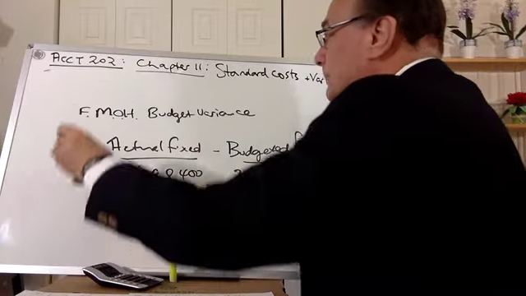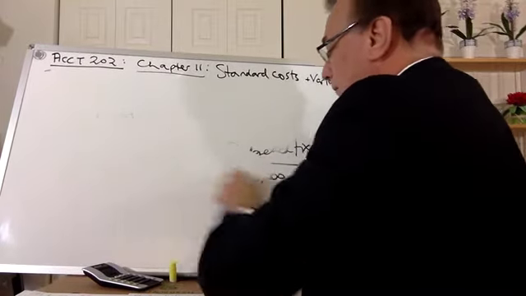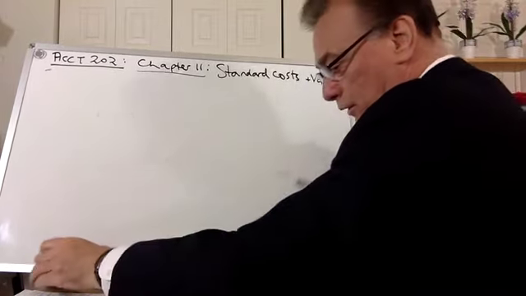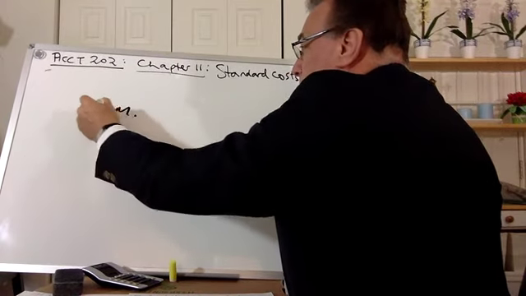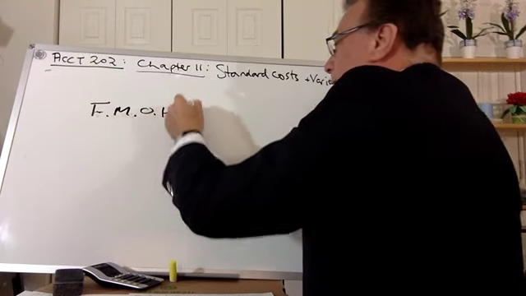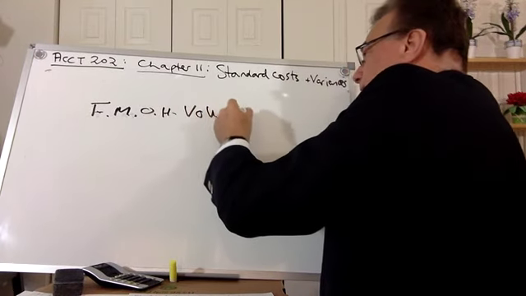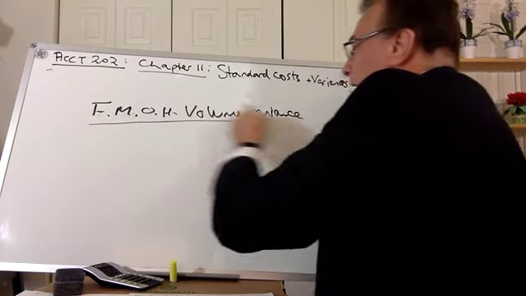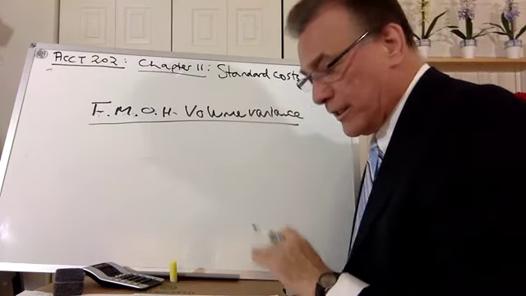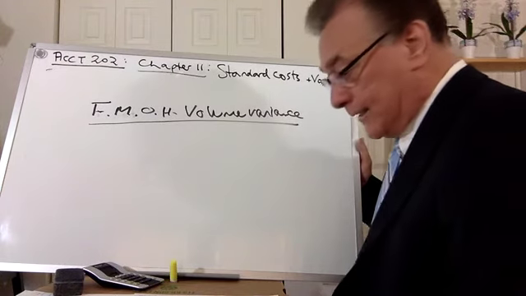And the second one asks for the fixed manufacturing overhead volume variance. This is the variance caused by the volume changing between the actual and the standard.